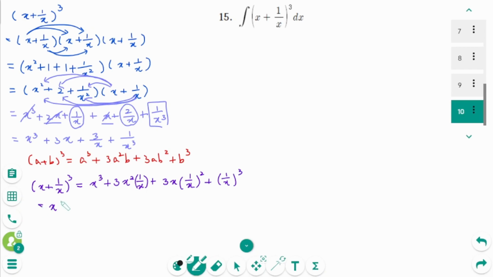equals x cubed plus 3, x is cancelled, x plus 3, x times this one is 1 over x squared plus 1 over x cubed equals x cubed plus 3x plus 3, x is cancelled, over x plus 1 over x cubed.